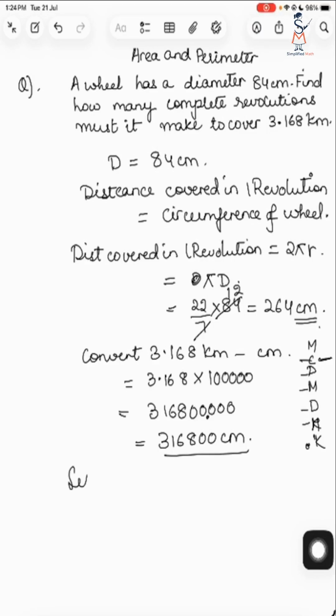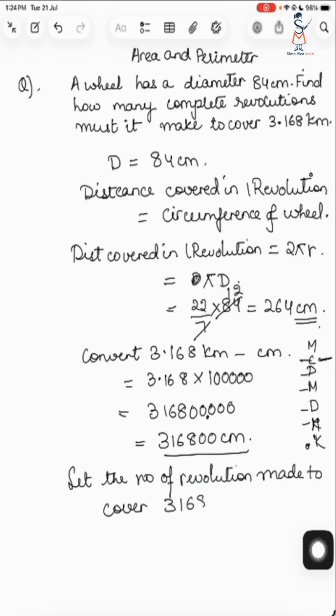So let the number of revolutions made to cover 316800 centimeter be n. We have assumed the number of revolutions to be n.